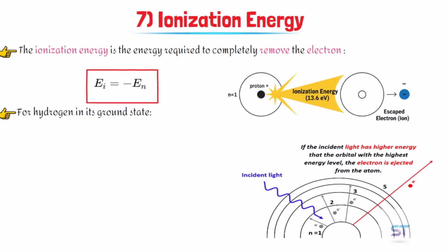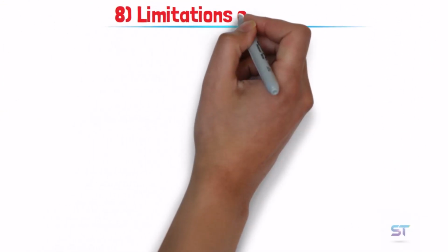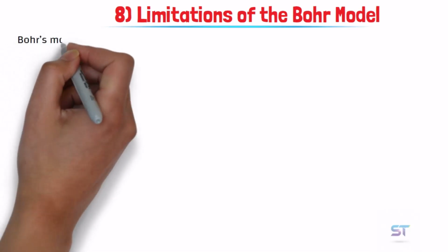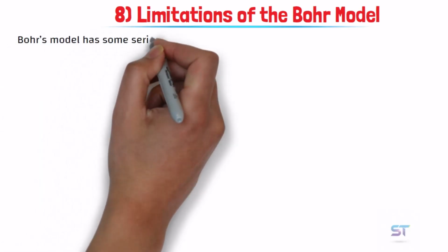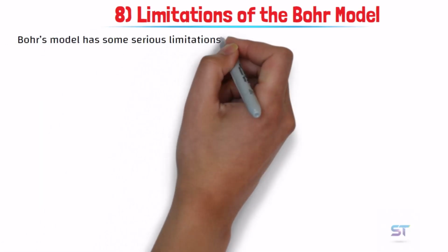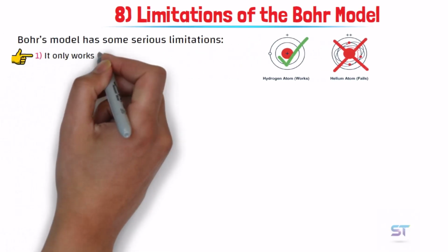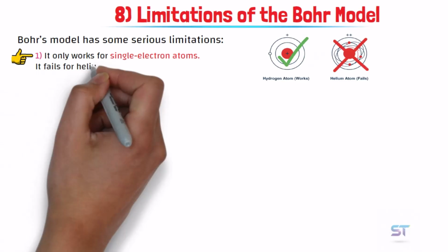Bohr's model also has some limitations. Despite its success, it has some serious limitations. The first, it only works for single electron atoms. It fails for helium, lithium, and larger atoms.